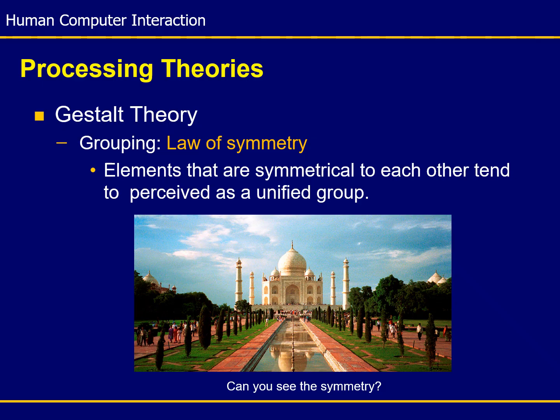You have trees on the right and left of the canal. You have the red pavement replicated on both sides of the canal. If you look at the Taj Mahal itself, the windows are mirror images of each other. If you draw a line in the middle, you can see symmetry on both sides.